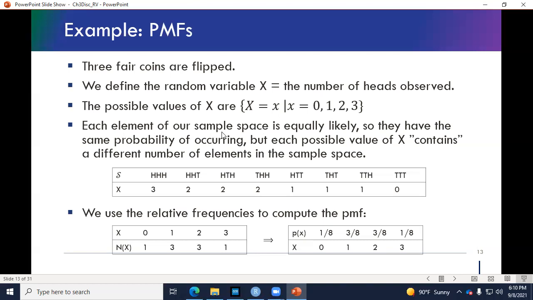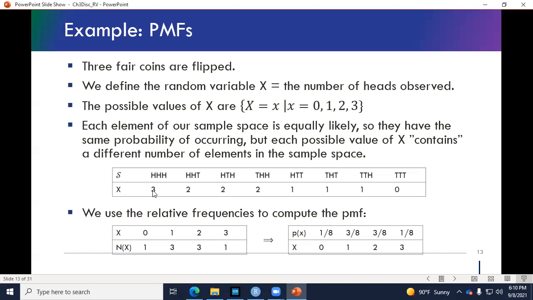If you write out each element of your sample space, it would be like this. This is telling you the sample space you have, and the corresponding random variable you're trying to capture from it.